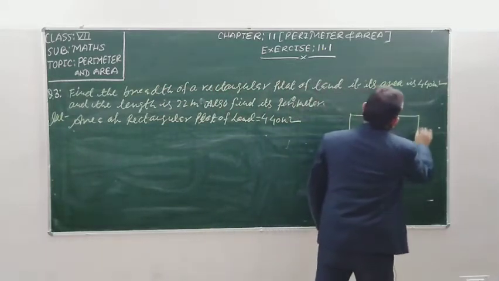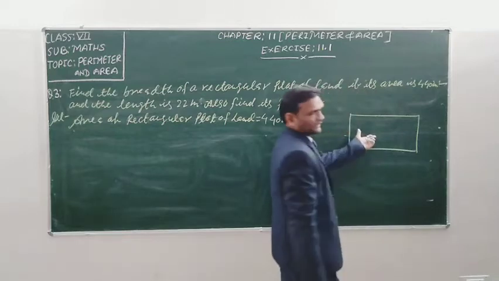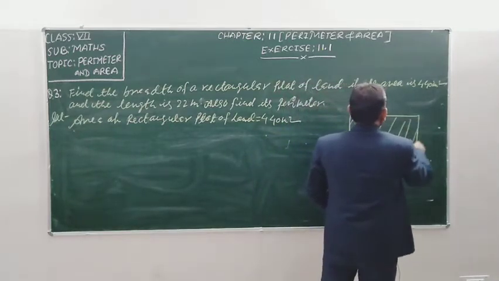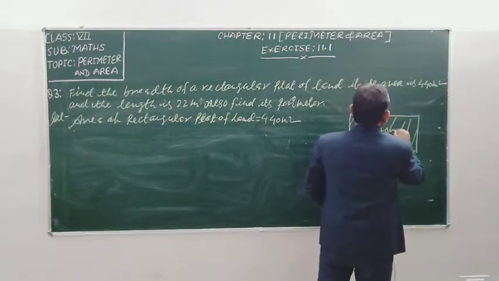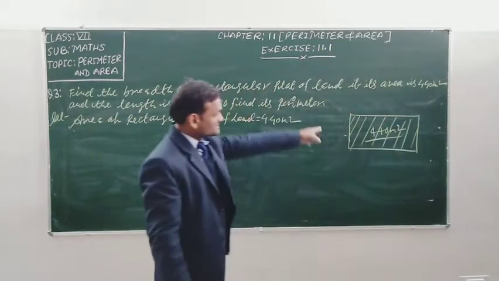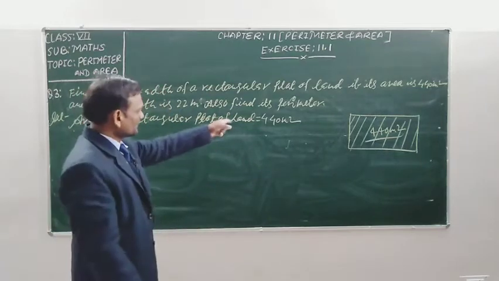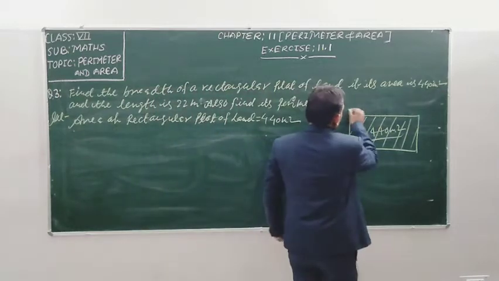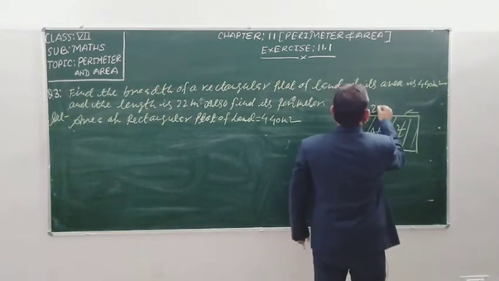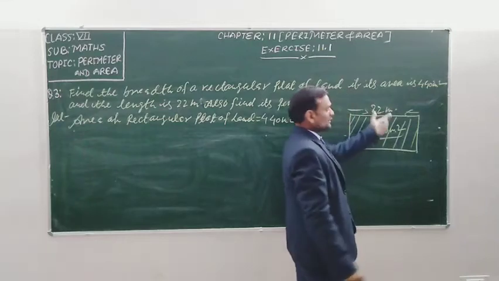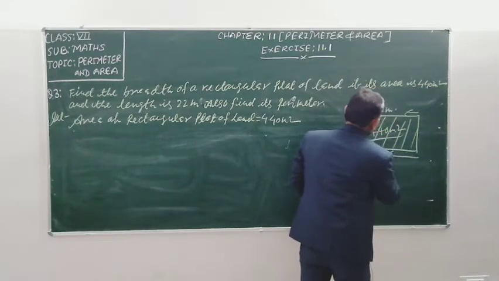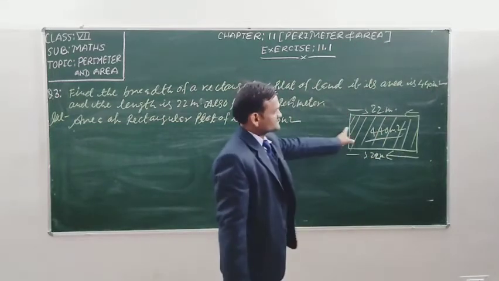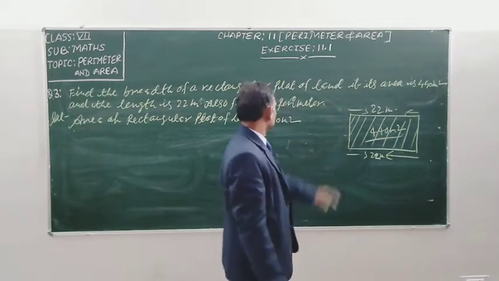Suppose that this is my rectangular plot of land. Area is given, 440 meter square, and one length measure is also given, length 22 meter. If this is 22, then this side is also 22 meter, and breadth is not given.